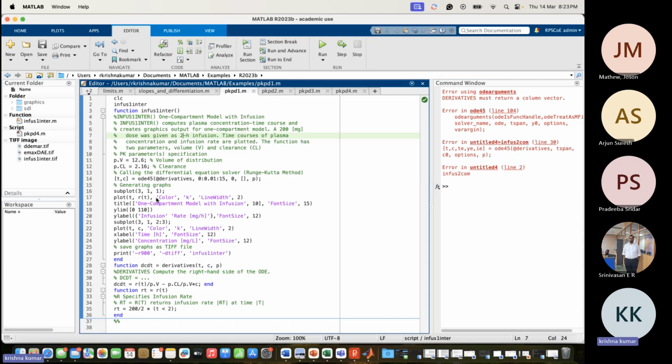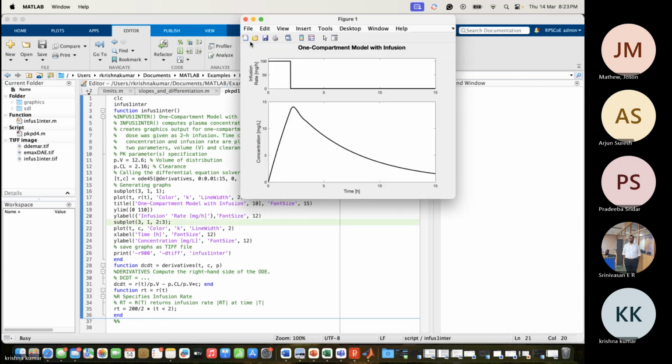And then I have all these things I'm going to plot. So let me run it. So this is the result. I've plotted infusion and concentration. Infusion is constant till 2 hours. 200 by 2 is 100. So 2 hours, and then I'm not giving.